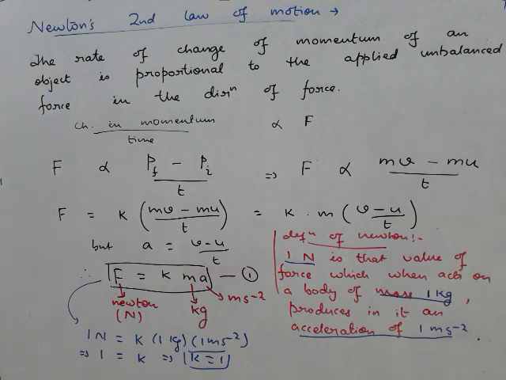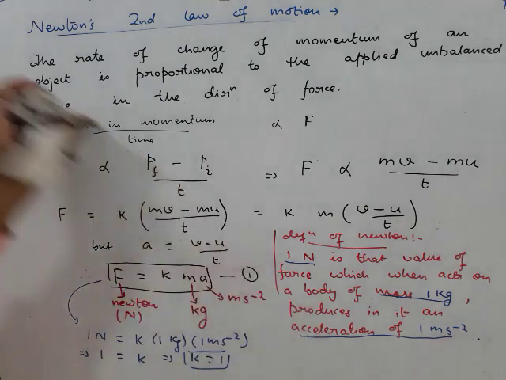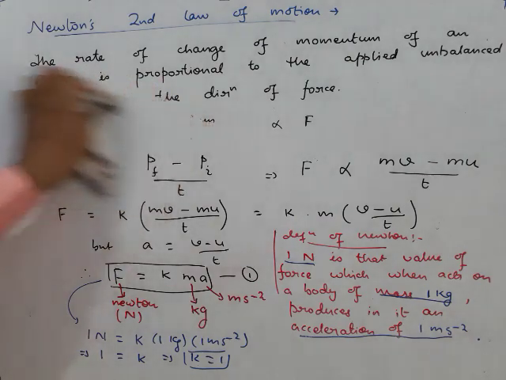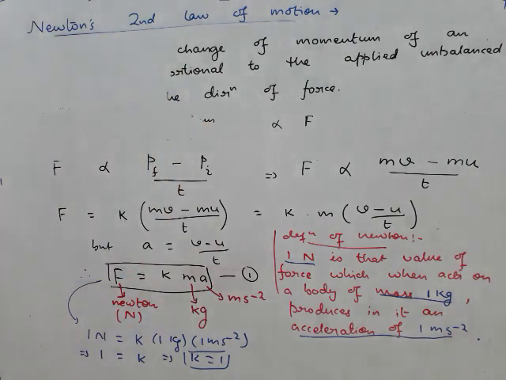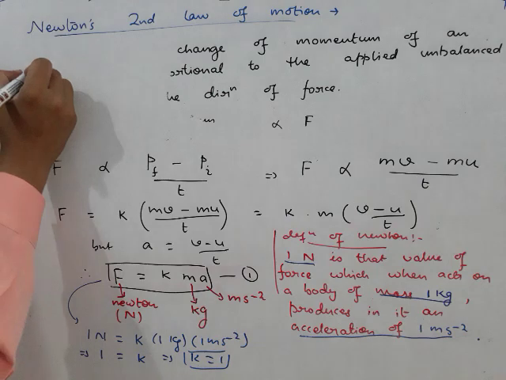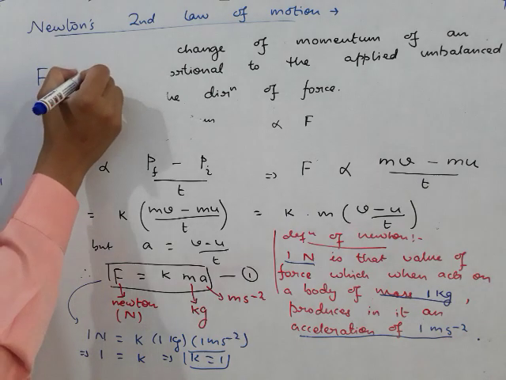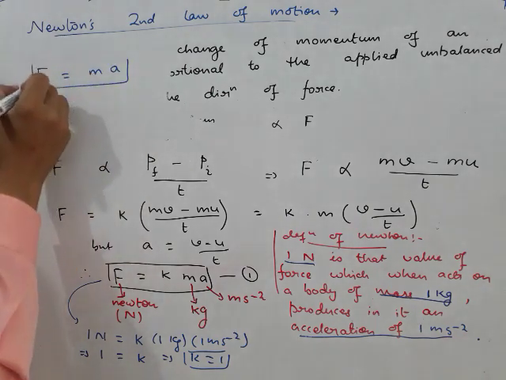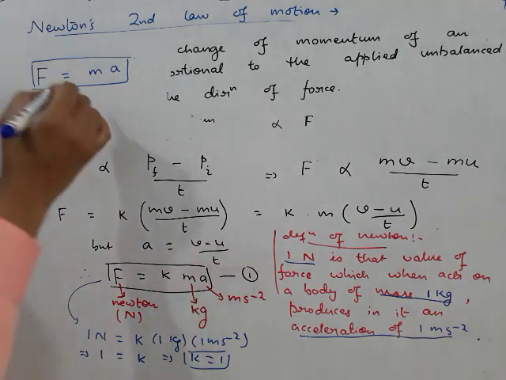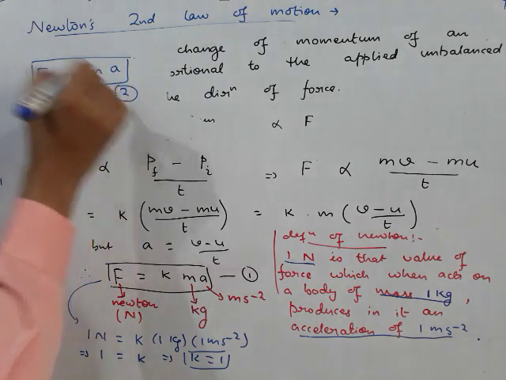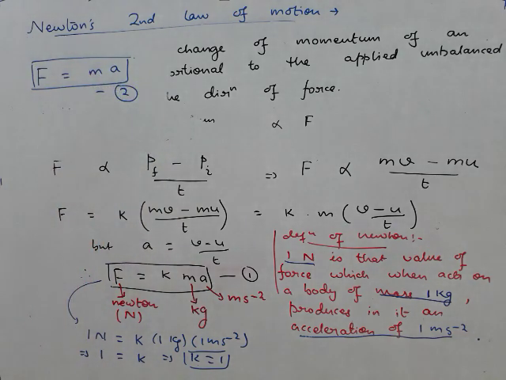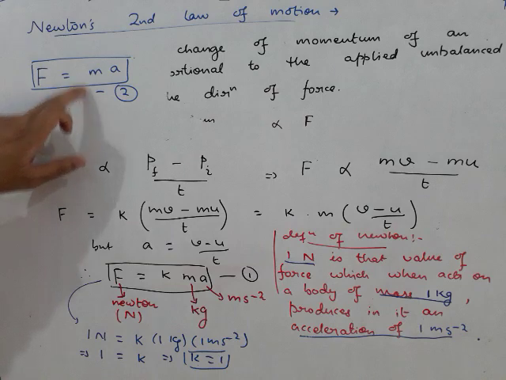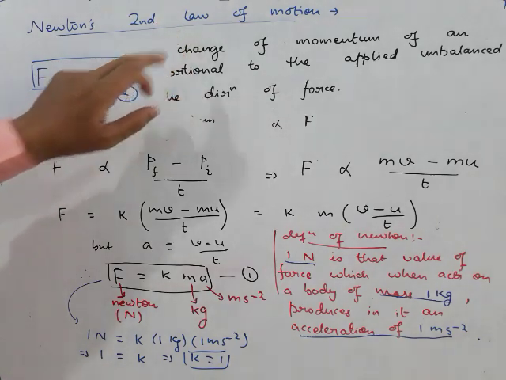If k becomes 1, this equation number 1, we can write as F is equal to m into A. Equation number 2. So please see these things very carefully. This is your mathematical formulation for Newton's second law of motion. Clear?